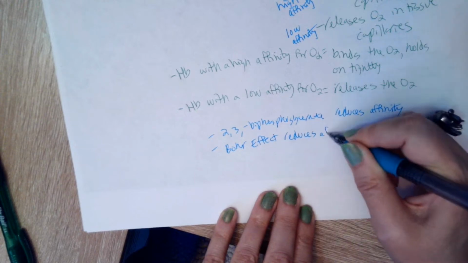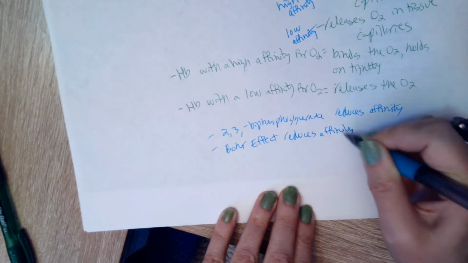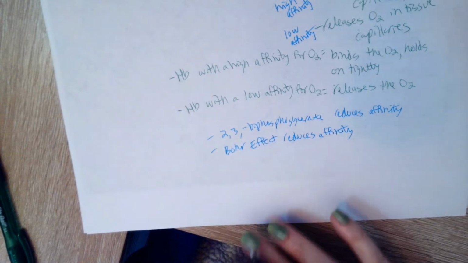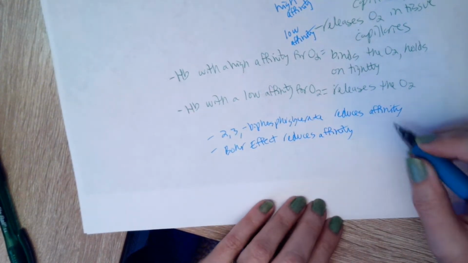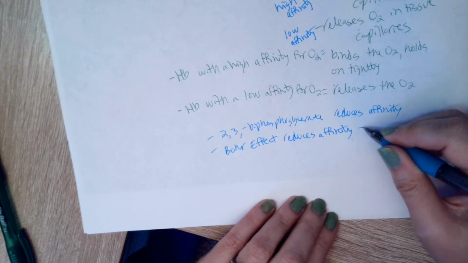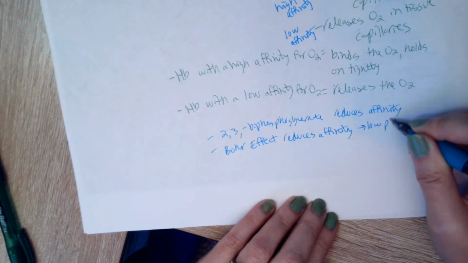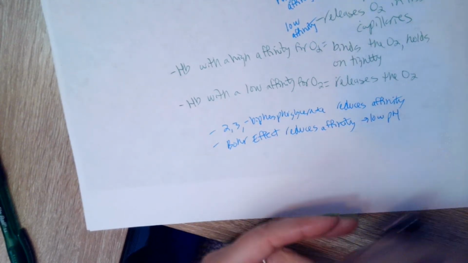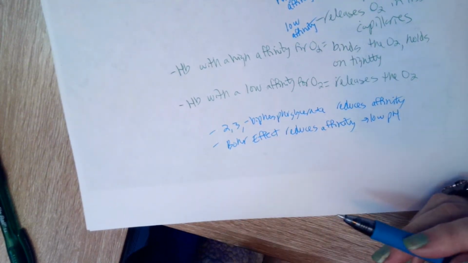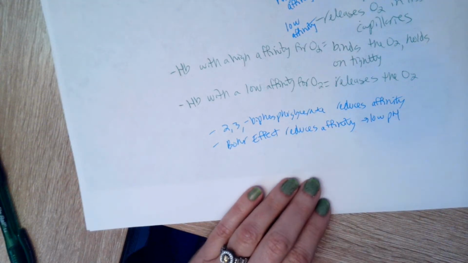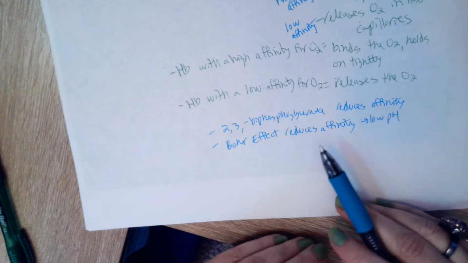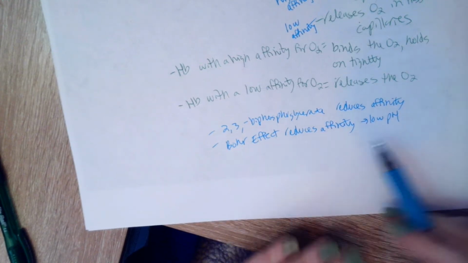This is when you have an exercising tissue and you have hyperlactemia, so like a lactic acid situation going on, so you have a low pH. That's the Bohr effect. It reduces the affinity, and if you think about that, it makes sense. If you have an exercising tissue, it needs oxygen, and it's essentially signaling with that lactic acid to the hemoglobin, let go of that oxygen, let me have more oxygen.